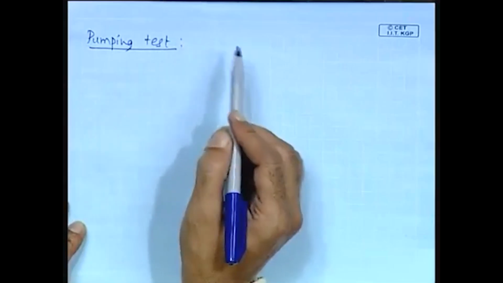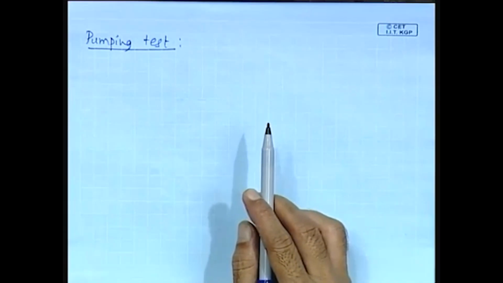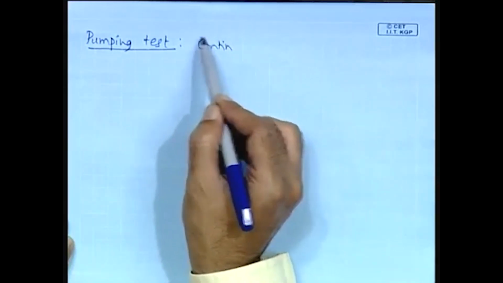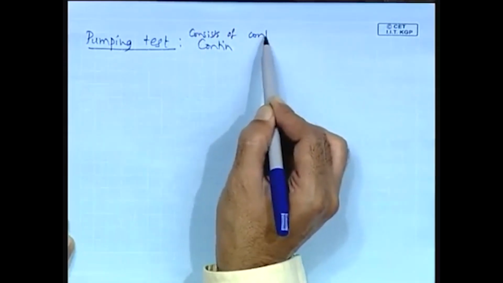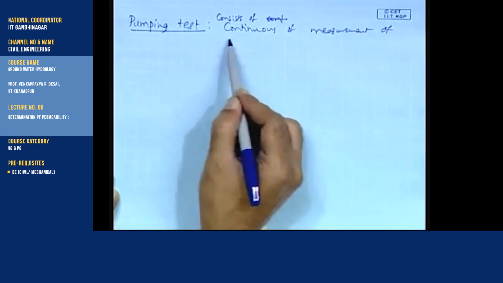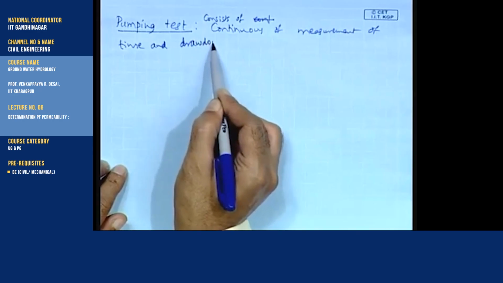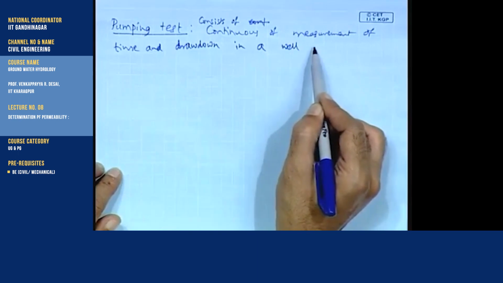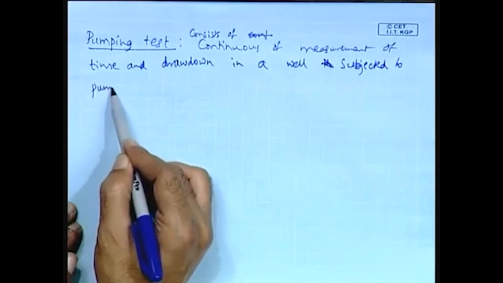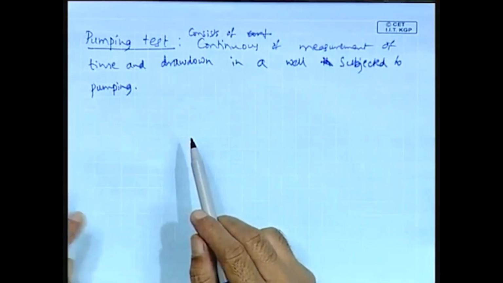And in this pumping test, through a well in the field, the time versus drawdown, that means continuous measurement of time and drawdown is done in a well subjected to pumping, and by using the appropriate expressions, the hydraulic conductivity K value is determined.